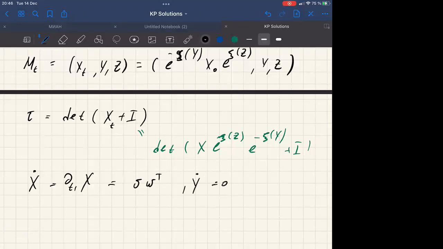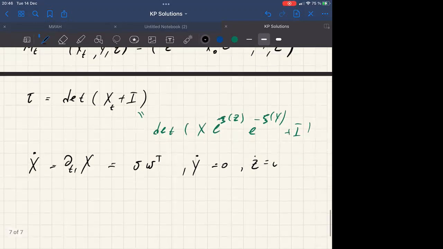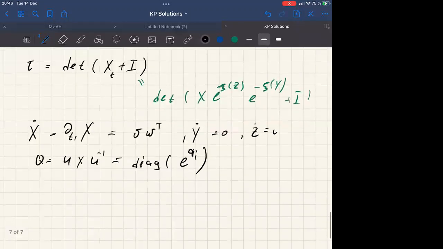Z dot equals 0. Now let us introduce the following matrix. Q is equal to U x U inverse. It is diagonal matrices of E to it. Now let us introduce y hat, which is U y U inverse, and z hat equals U z U inverse.